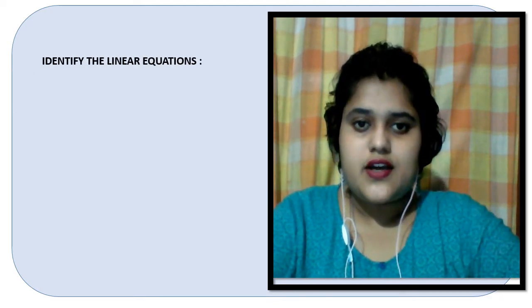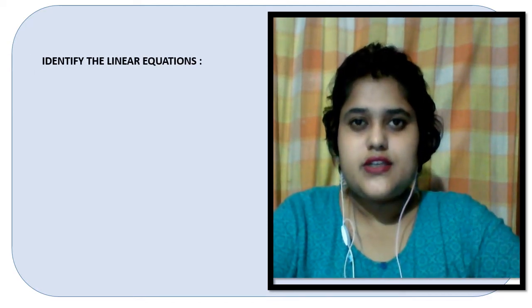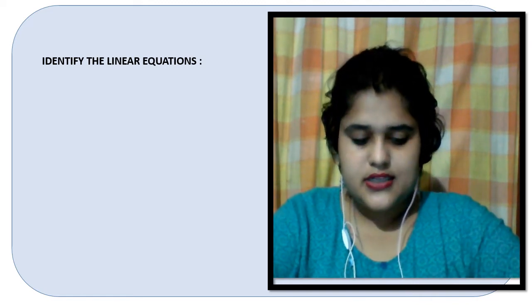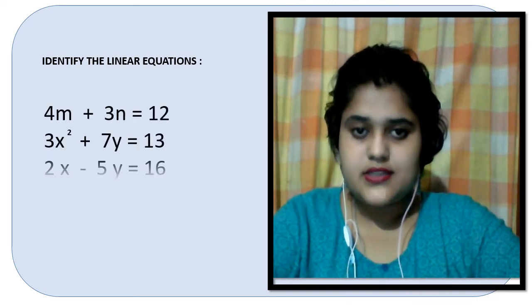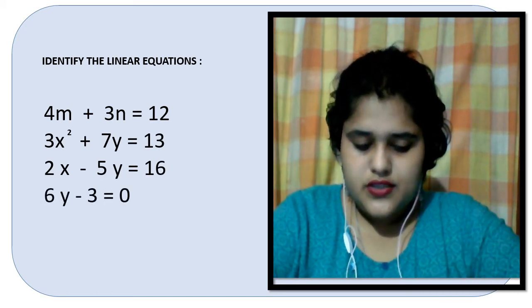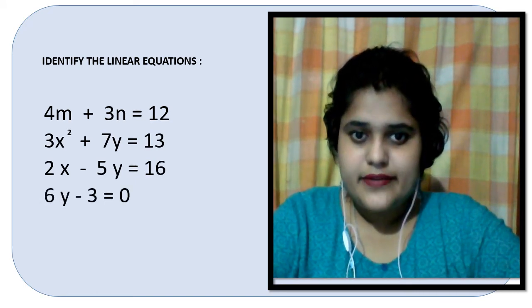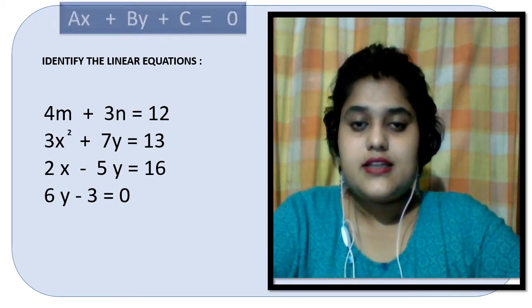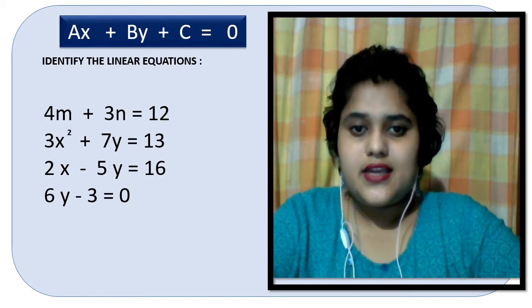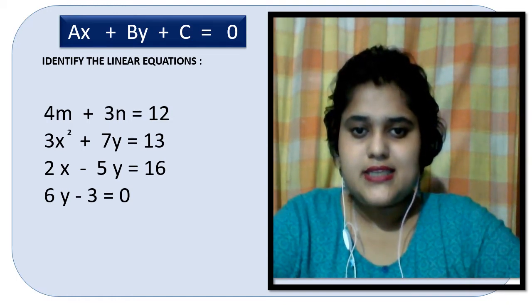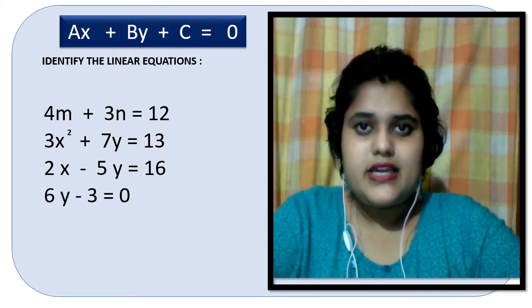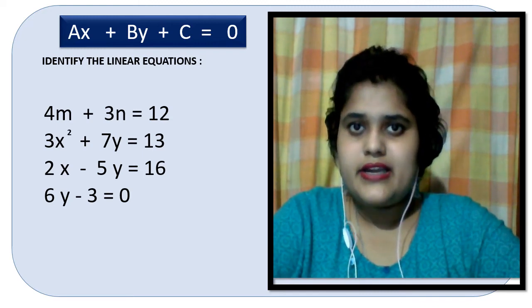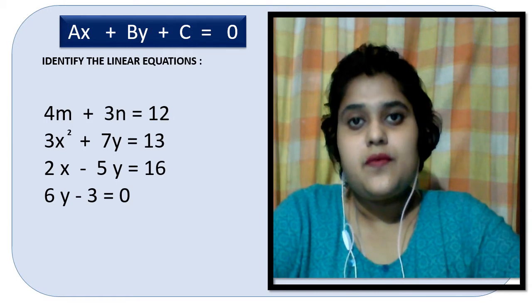So let us begin with the examples to identify whether the following equations are linear equations or not. Let us check the first example, that is 4m plus 3n is equal to 12. The general form is ax plus by plus c is equal to 0, where a, b and c are numbers and x and y represent variables.